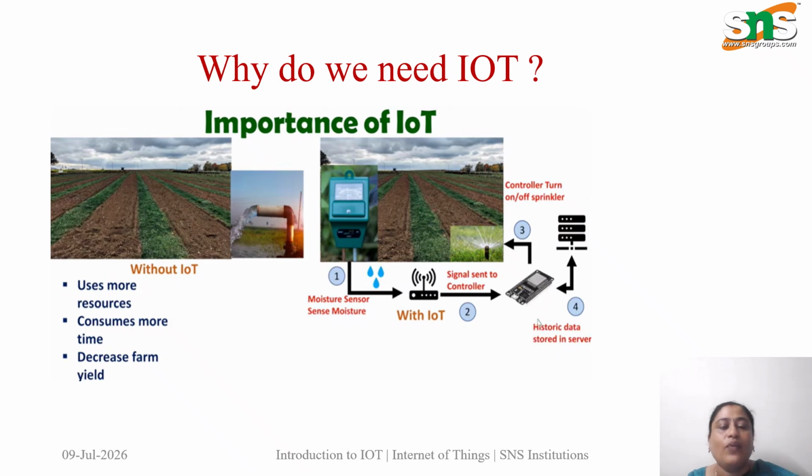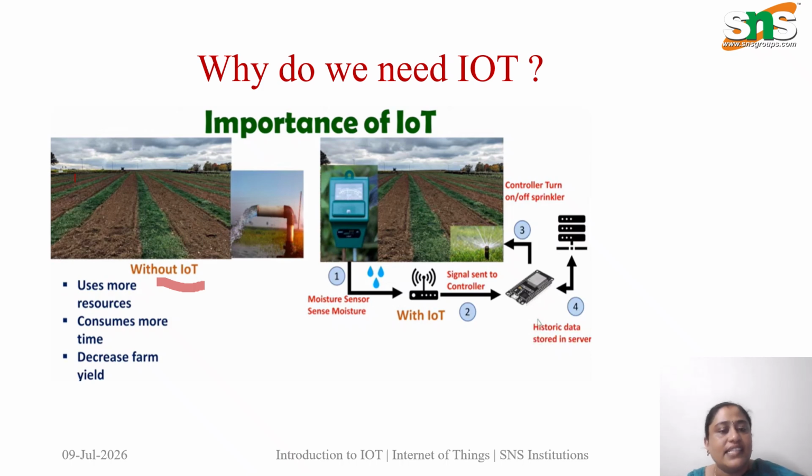Now let's check why we need IoT, or the importance of IoT. Think about a farmland. If the farm is not connected with any IoT devices, what happens? The farmer in person has to go and check whether the water content is available in the soil, whether it needs any water, or whether the adequate amount of water is given to the farm.